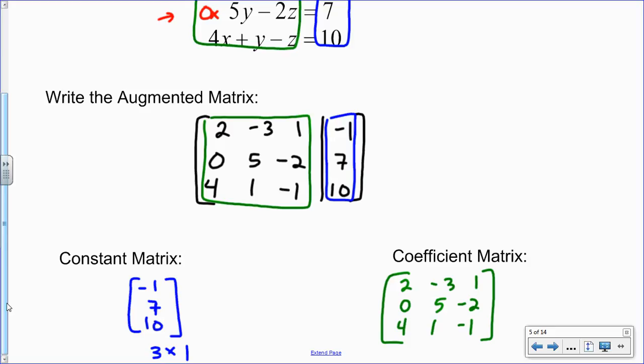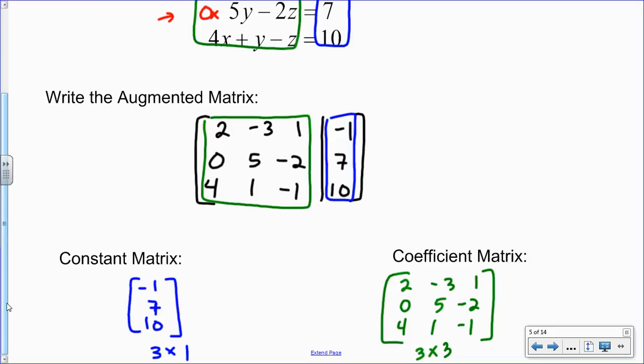How many rows does this matrix have? 3 rows, and how many columns? 3. So that matrix is 3 by 3. If the rows and columns are the same number, then it's called a square matrix. Think about a square. Squares have all the sides the same. Okay. Questions about that?